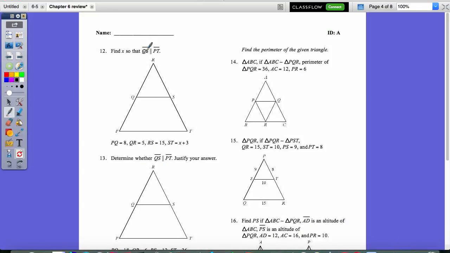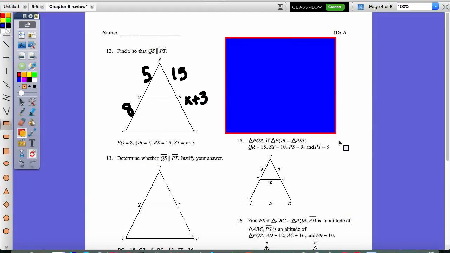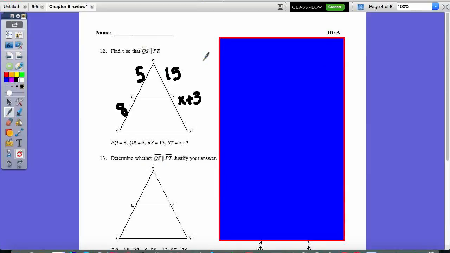Find x so that QS is parallel to PT. So PQ is 8 and QR is 5. RS is 15. ST is x plus 3. That means we want to set up a proportion where 8 to 5 is the same ratio as x plus 3 to 15.